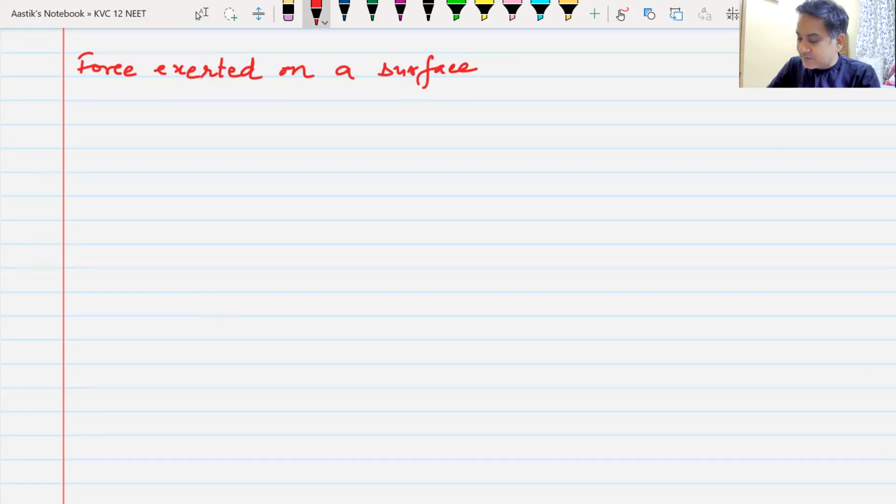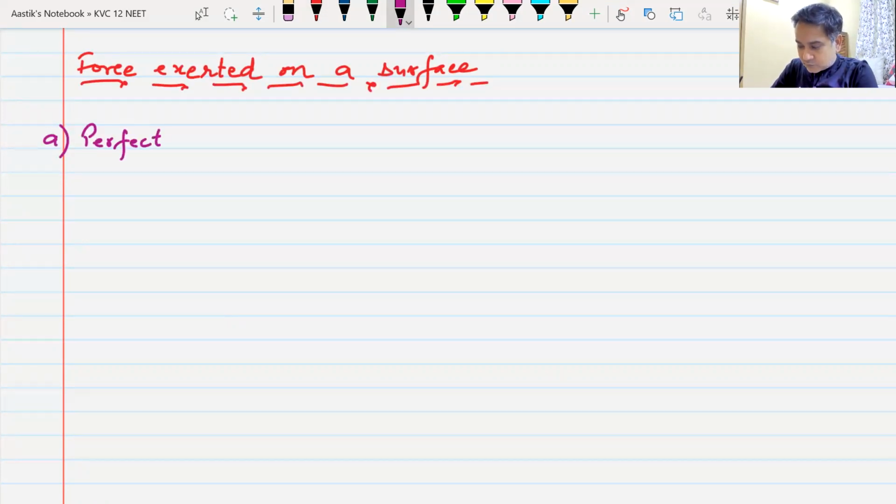When light or any radiation falls on a surface, it exerts force. I will do it in two different cases. In the first case, it falls on a perfectly reflecting surface.